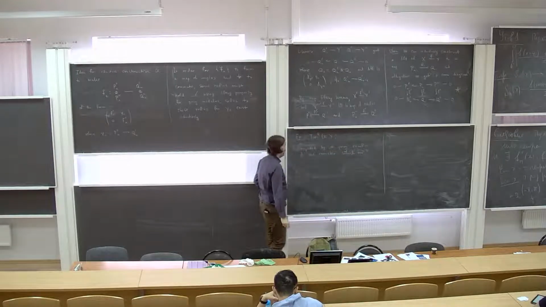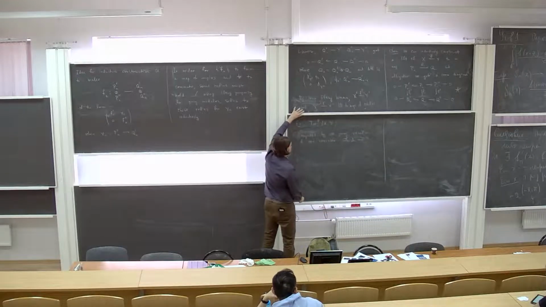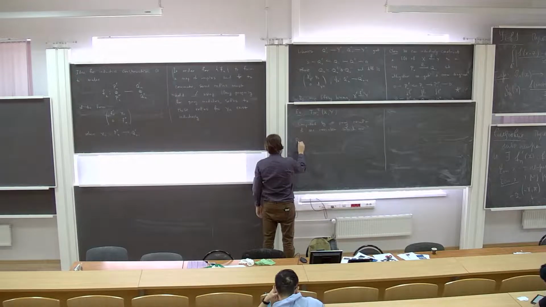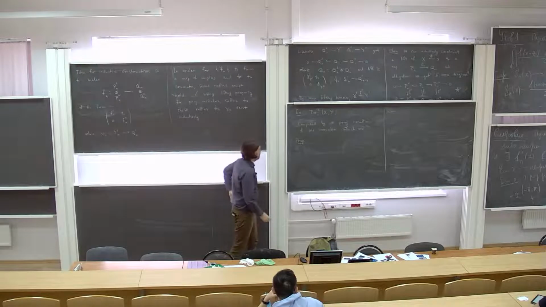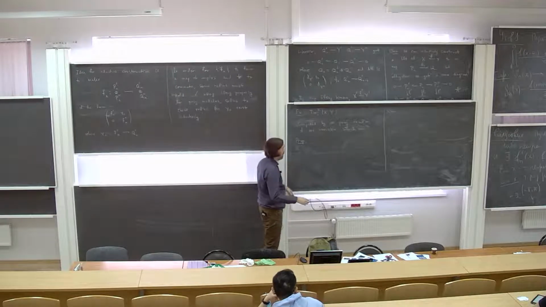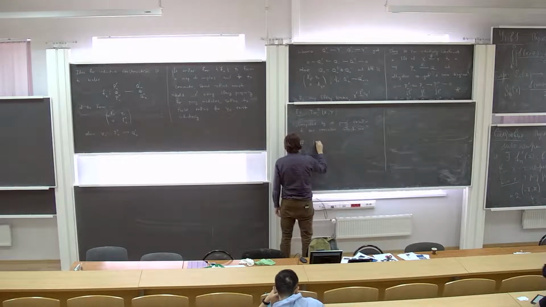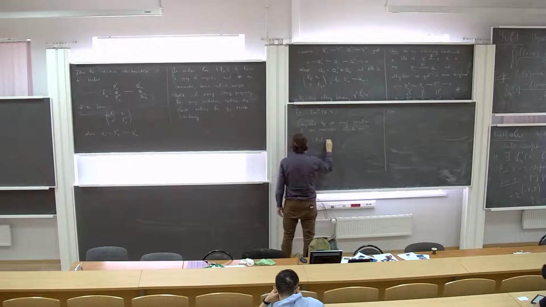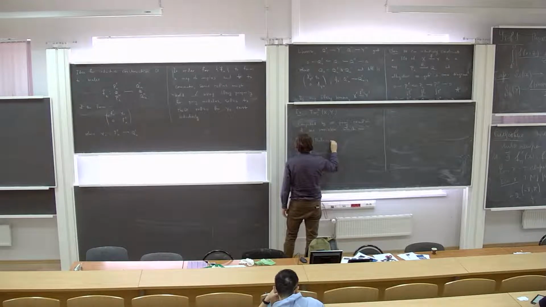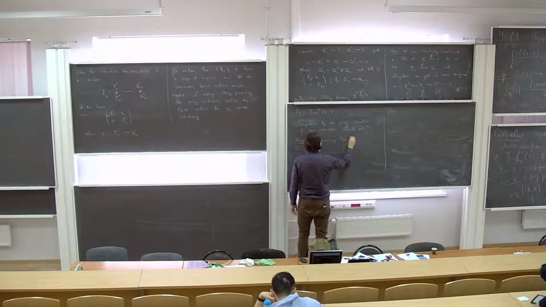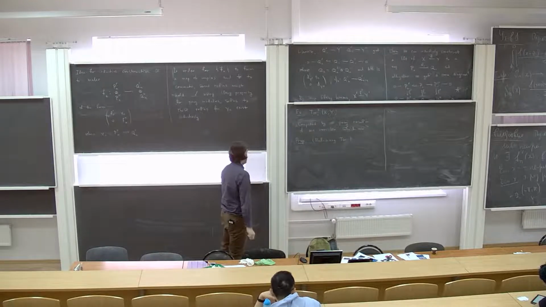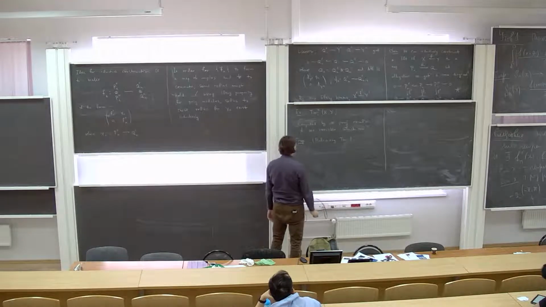So it doesn't matter. So this is the proposition. This is called balancing Tor. Balancing either on the left or the right. Right. So it says the following.